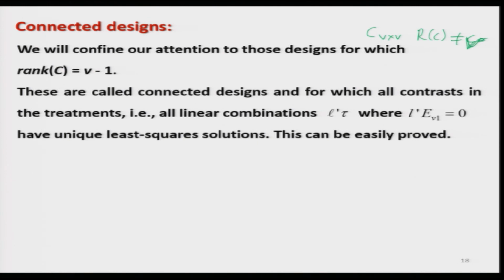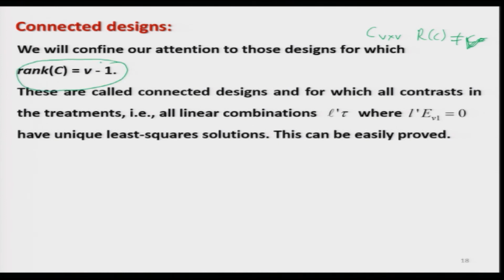So, now the question comes here, what is the rank of C? Now, you can see here the rank of C depends on different types of constraints, but we are going to confine our attention to those types of block designs for which the rank of C is equal to V minus 1.